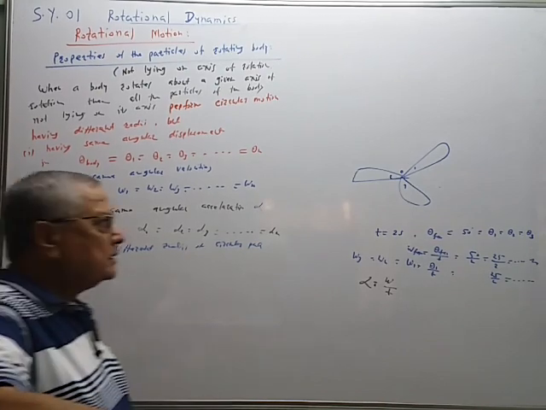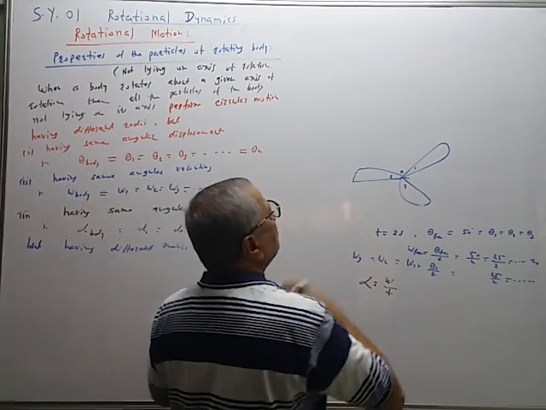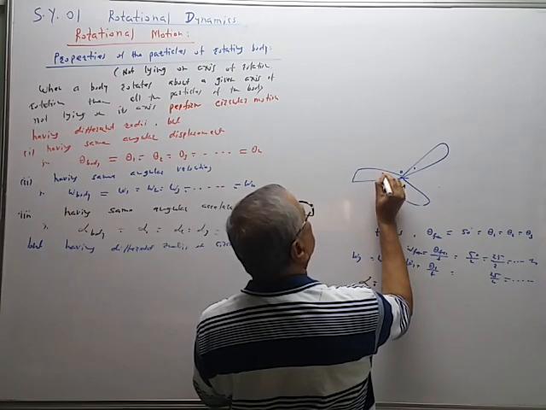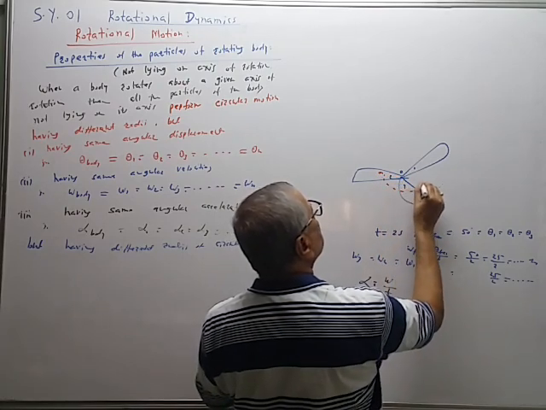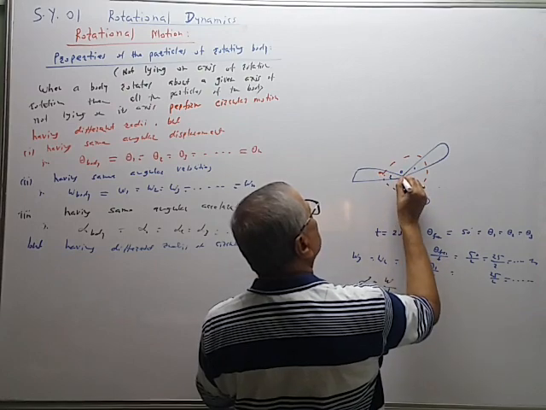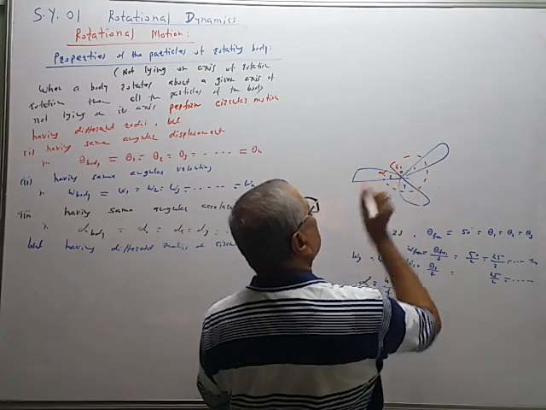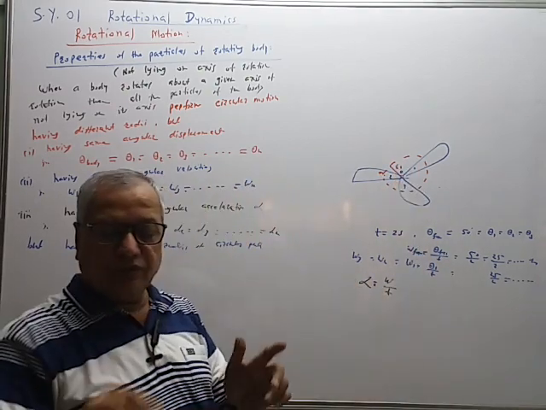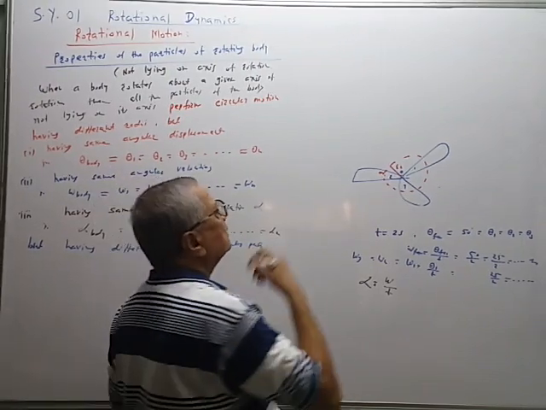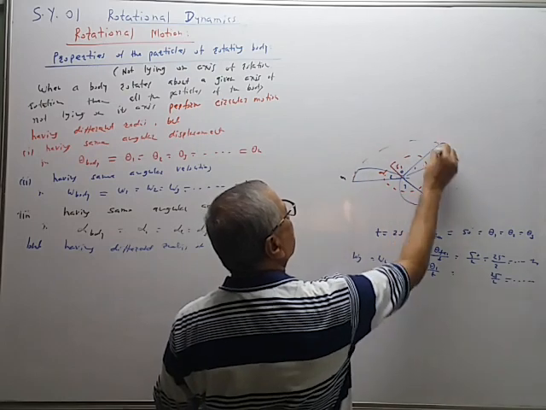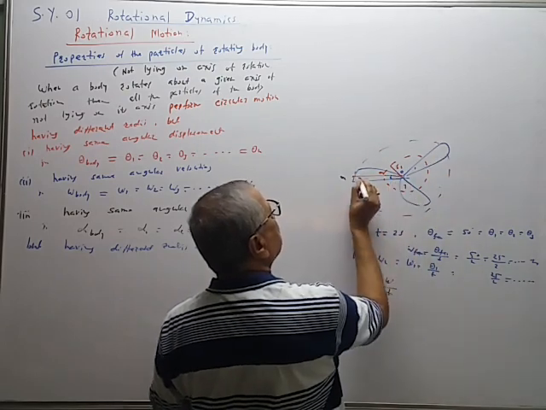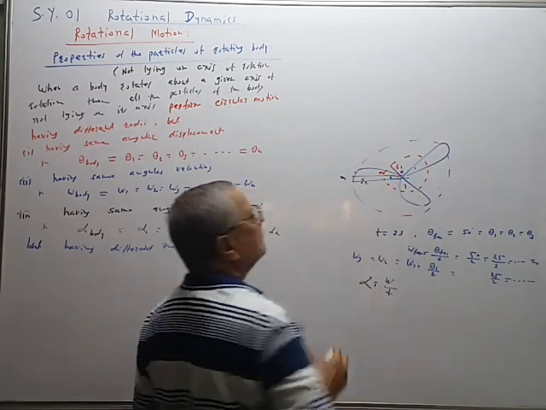Now, if we consider this figure, then consider this particle M1. It performs circular motion in this radius, so its radius is R1. Now, if we consider the second particle, say M2 here, then it will perform circular motion in this radius, so its radius will be R2.